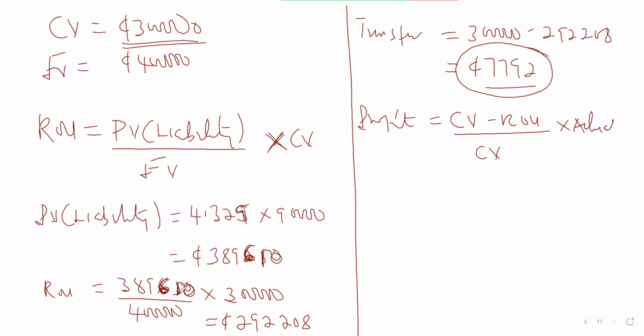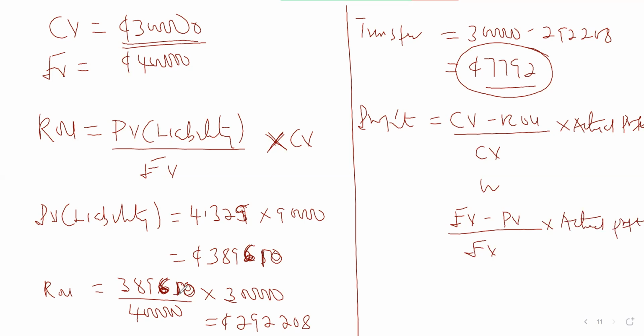This can also be calculated as the fair value minus the present value of the lease liability, divided by the fair value, times the actual profit you have made, which is 100,000. Any of them that you use, you get the same answer.